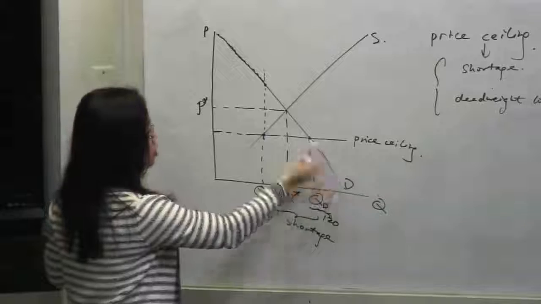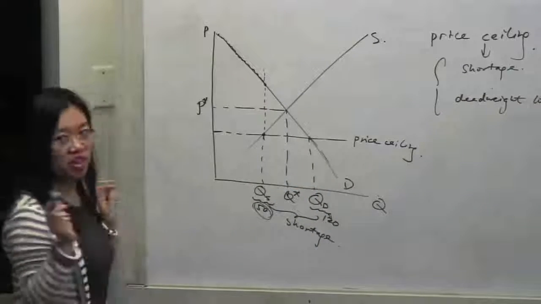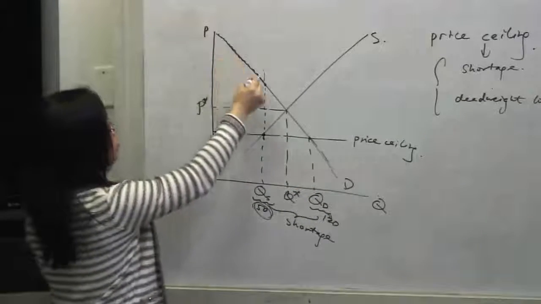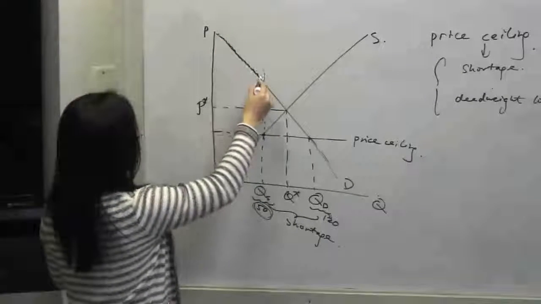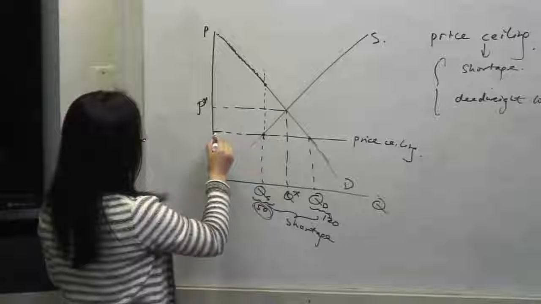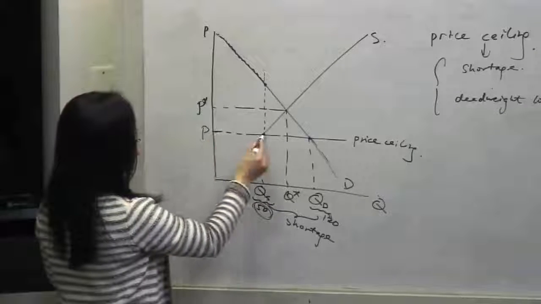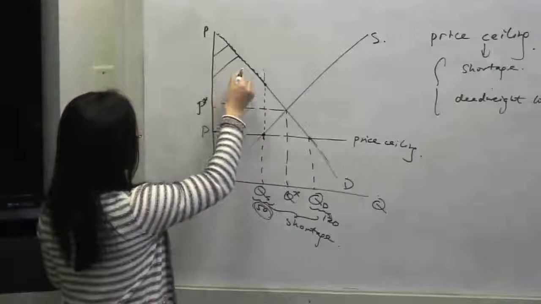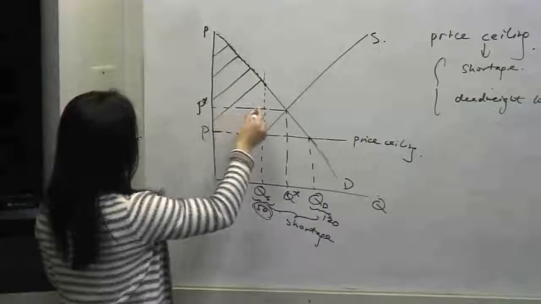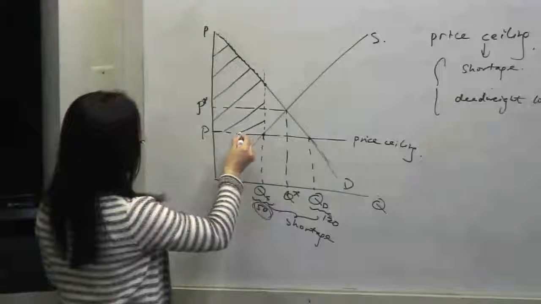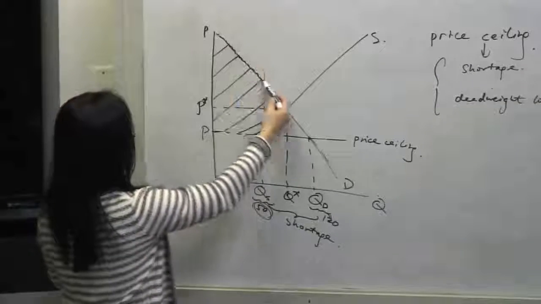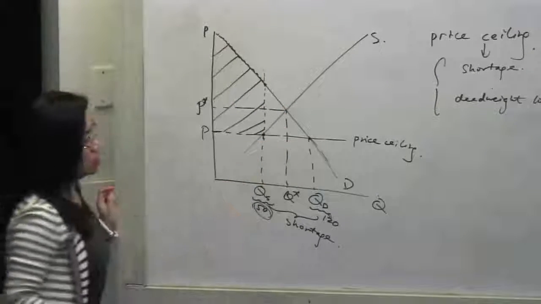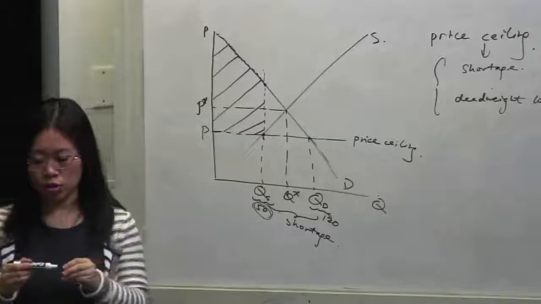The consumers from here to here are not able to get the goods. So only those people get the goods. If those people get the goods, the price they're paying is right here, then this big area here, this odd shape, is the consumer surplus.